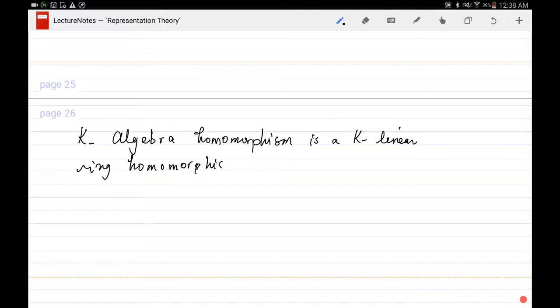So do you want to see if your function is a homomorphism for this K-algebra? Well, think of your algebra as a ring and make sure that your homomorphism is a ring homomorphism. If it is, it's a K-algebra homomorphism.